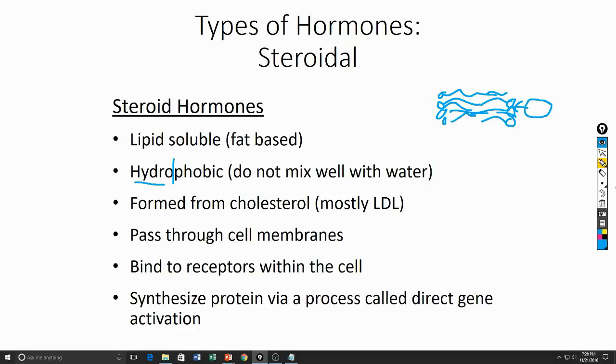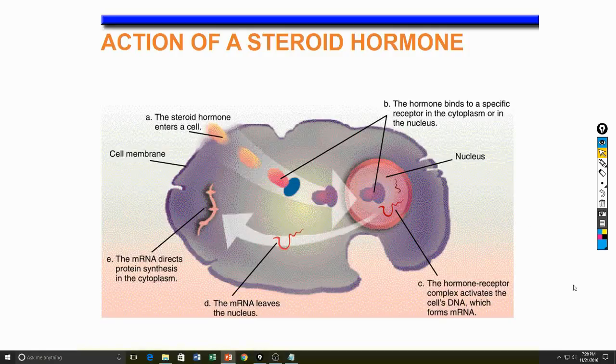The next slide is going to look at this a little better. Here we go. This is the action of a steroid hormone. As I said, it'll interact with a cell, go right through the outer membrane, and then it comes in, and the receptor is somewhere here on the inside, close to the nucleus.